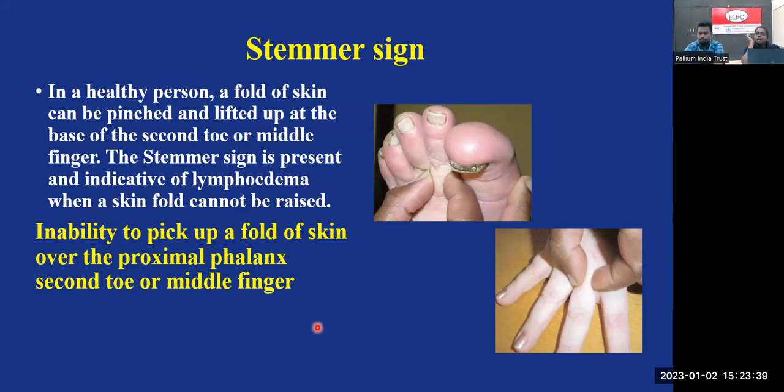That is called Stemmer's sign. If Stemmer's sign is present, it is a strong indication of lymphedema. You cannot fold the skin on the second toe in the lower legs, and in the upper arms you cannot lift the skin on the middle finger. That is Stemmer's sign.